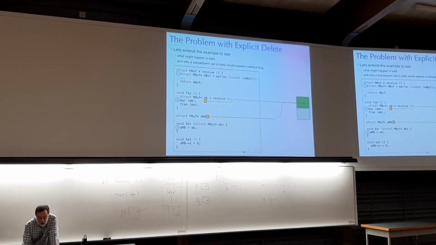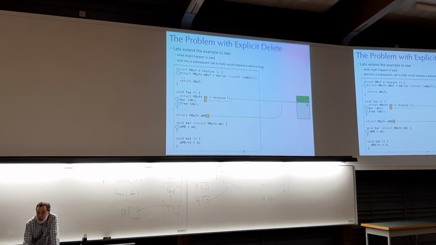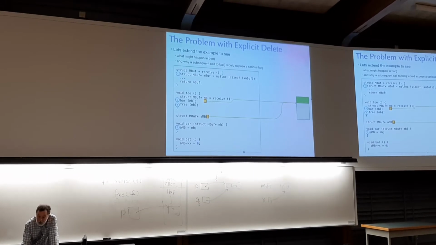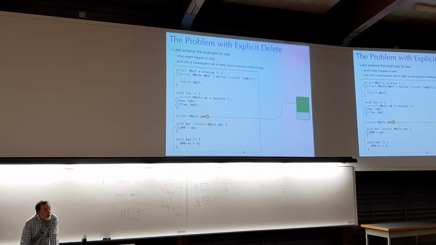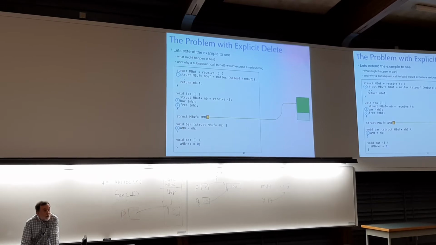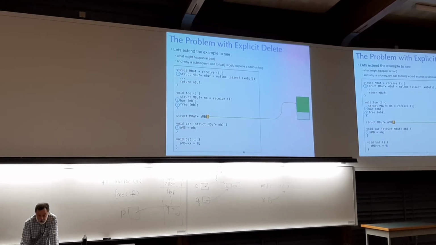And then I come back to foo, and if I free it, the global variable is still a thing, and that will show up at some point as something bad. So now it's pointing right into the middle of some other data structure. It's pointing to memory that's free. It shouldn't have been freed, but it was.